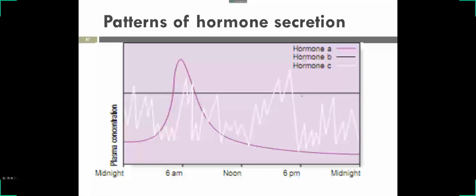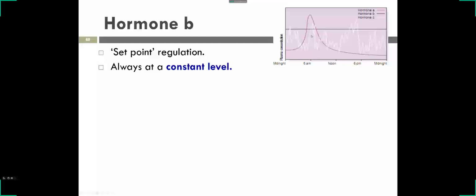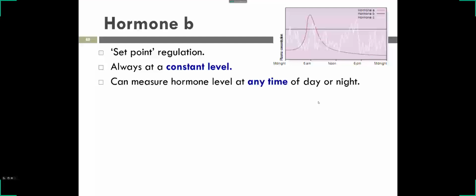And then the question is, how do you measure changes? So let's take hormone B because it's the easiest one. That's this black line that we talked about. Hormone B is what's called a set point regulator. So it's always at a constant level. You can measure this hormone level at any time of the day or night because that level should be relatively static.